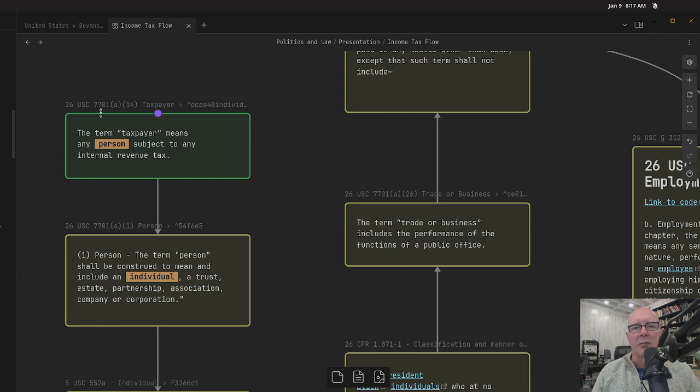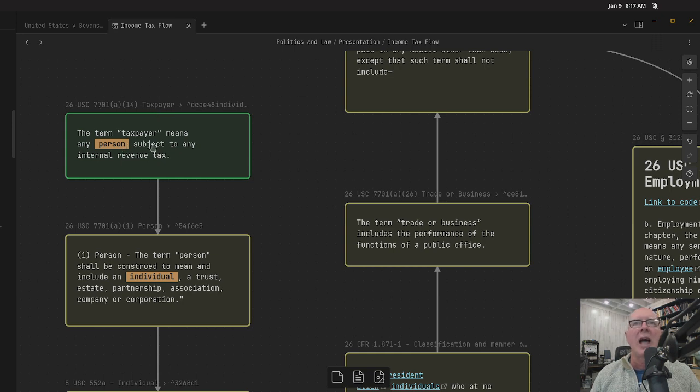There are some that come from other places, and I'll point those out as we go, but most of these are coming from the same section. The reason I bring this up is that it might be easy to say, oh, you're digging for definitions in other sections of the code, and therefore they're irrelevant. I just want to point out that these are coming from the primary definition section of Title 26.